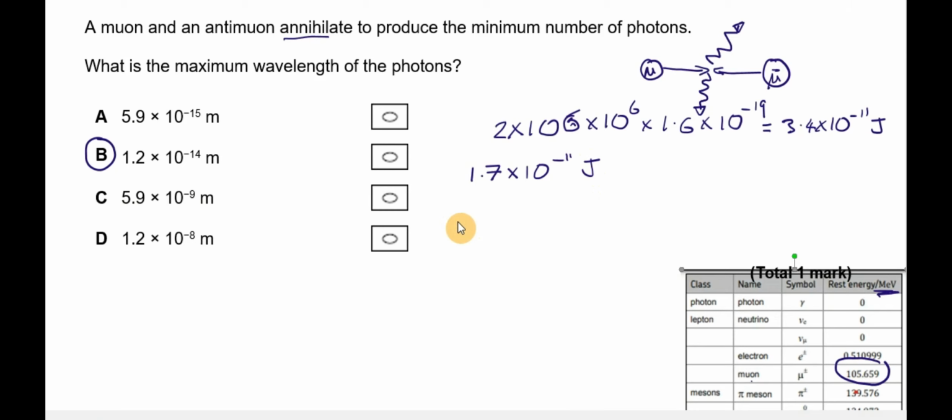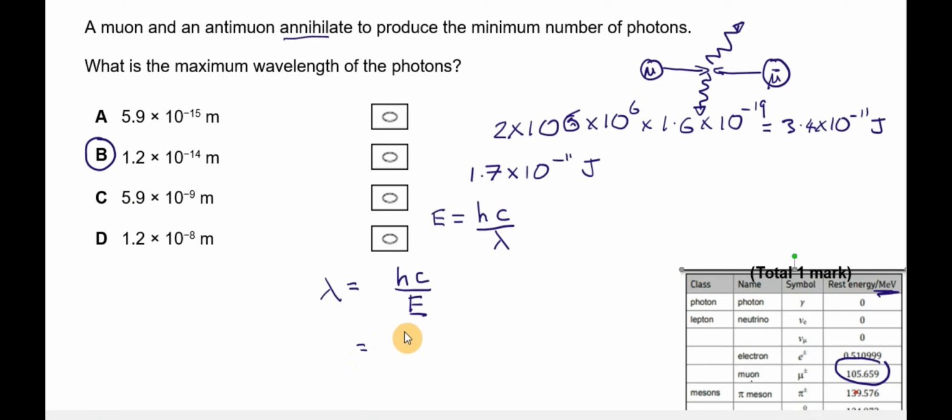To find the wavelength of the photon, I'm going to use the equation from your data sheet that the energy of a photon is equal to the Planck constant multiplied by the speed of light over the wavelength. Rearranging that, I get the wavelength is equal to Planck constant multiplied by speed of light over energy.